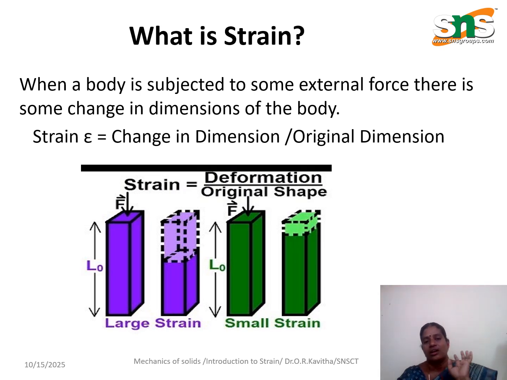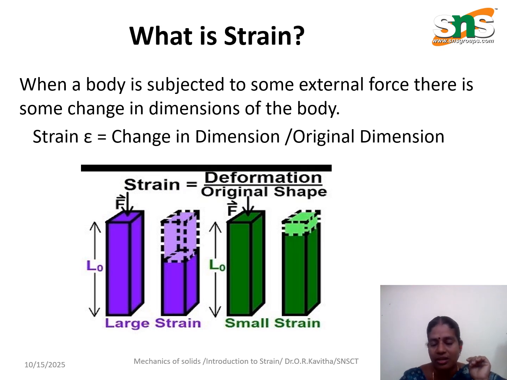So what is strain? Depending upon the type of loading, this strain will be different. Here you can see this is a large strain. Here we are applying the load and the deformation is large.